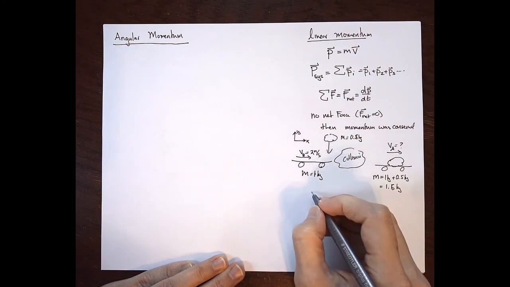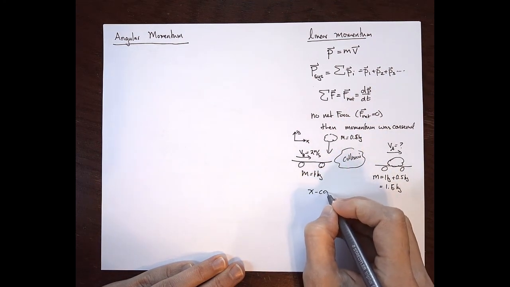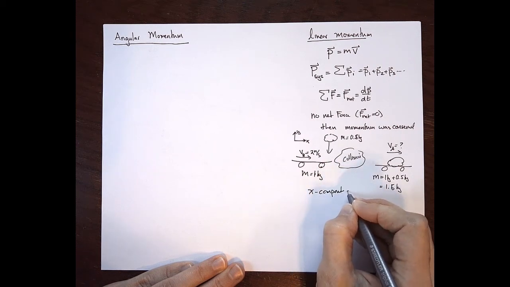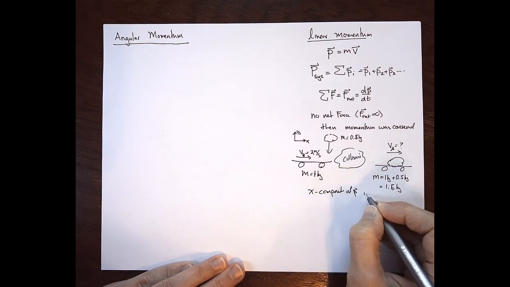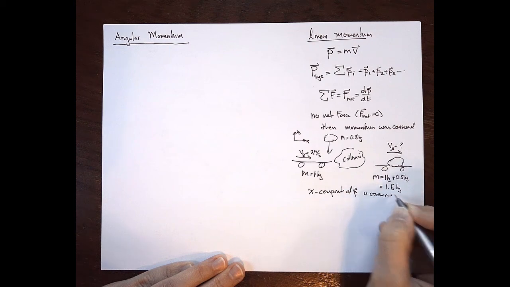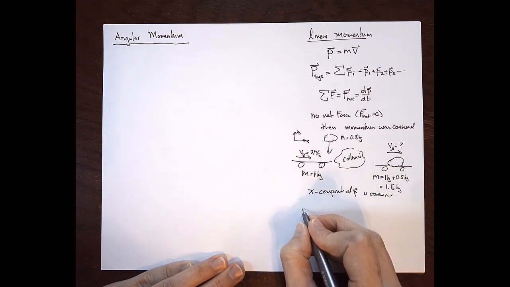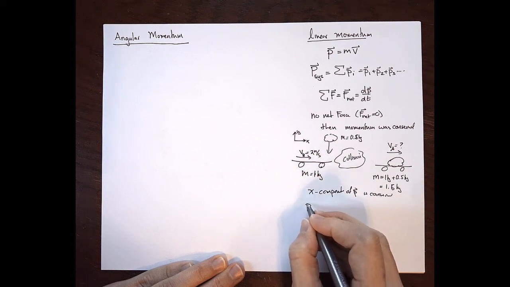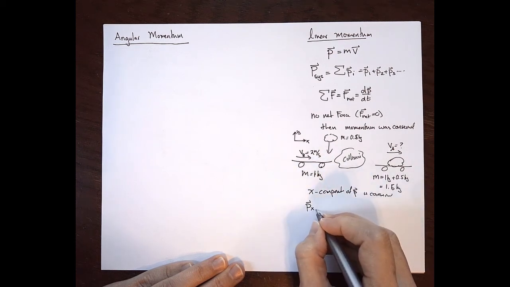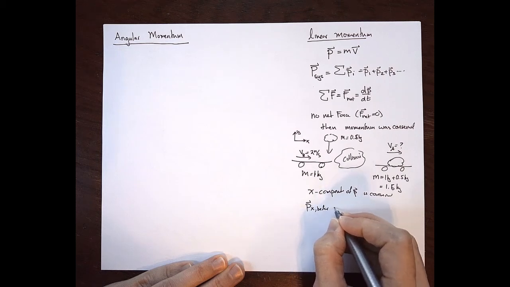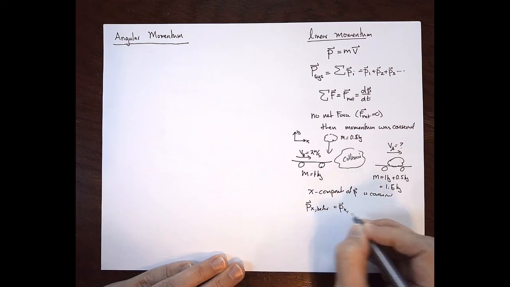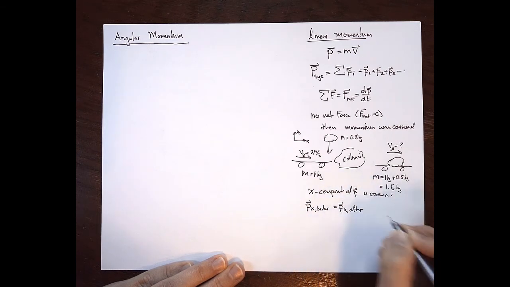Horizontally, we don't have anything. So the x component of momentum is conserved. So we can say, looking at the momentum, the x piece before the collision has to be the x piece of the momentum after the collision.